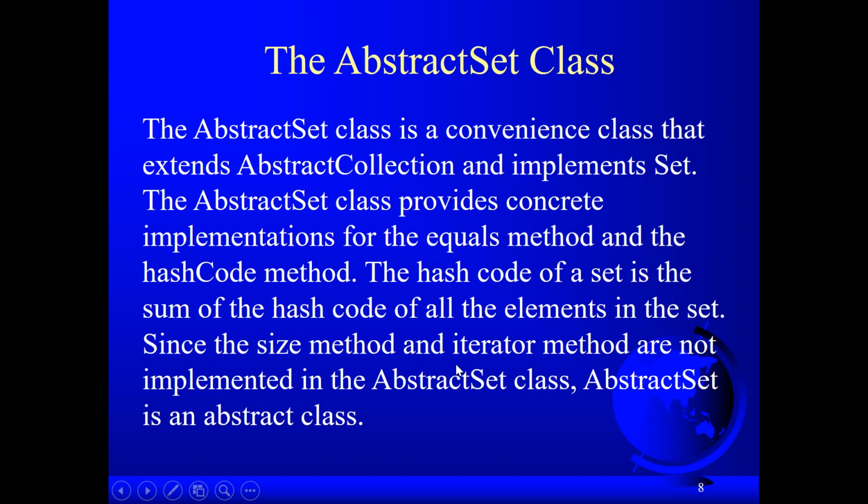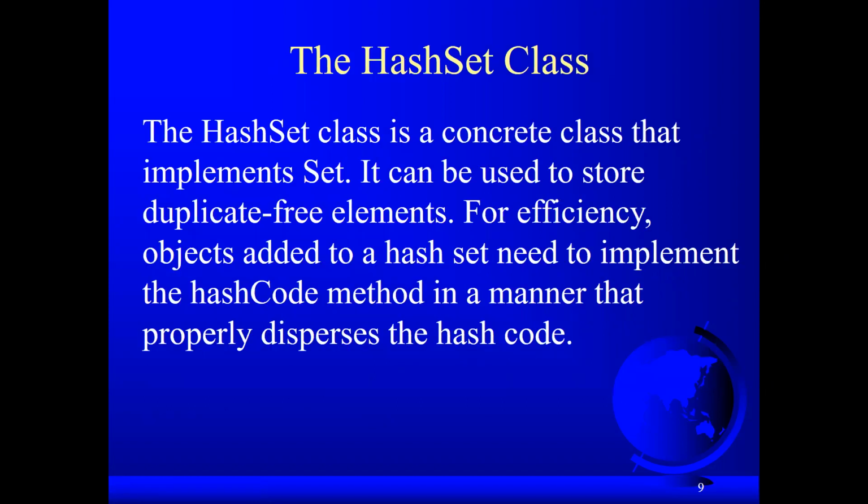Since the size method and the iterator method are not implemented in the AbstractSet class, AbstractSet is an abstract class. It has provided many of the function implementations, but it did not provide size and iterator, so those are still abstract. That's why the class itself became an abstract class.